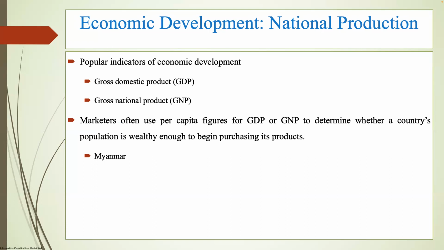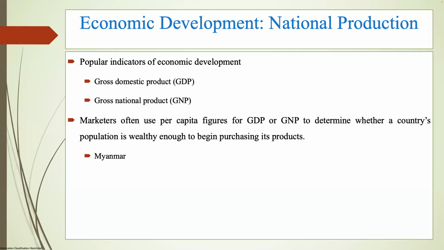GDP is a narrower figure than gross national product in that it excludes a nation's income generated from export, import, and the international operations of its companies. A country's GDP per capita is simply its GDP divided by population to measure the nation's income per person.